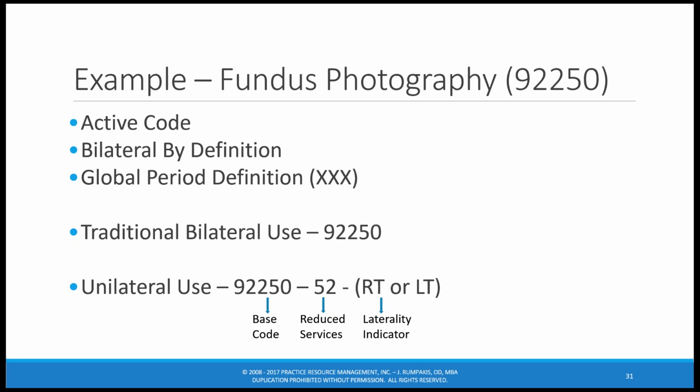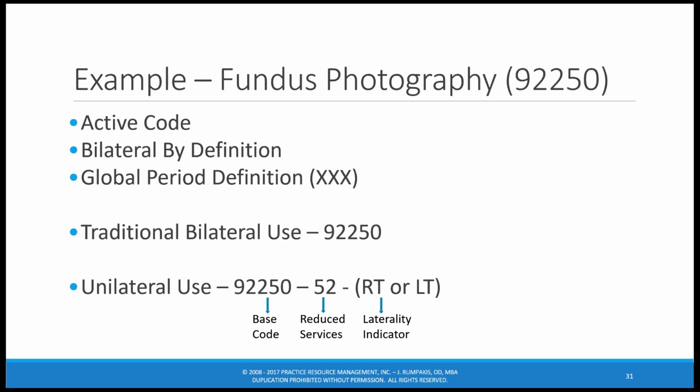So I have to now reduce the level of the fundus photograph that I did. And you can see on the bottom, for unilateral use, the base code 92250, modifier 52 tells the insurance carrier I am reducing the fundus photograph definition from its normal definition to something else.